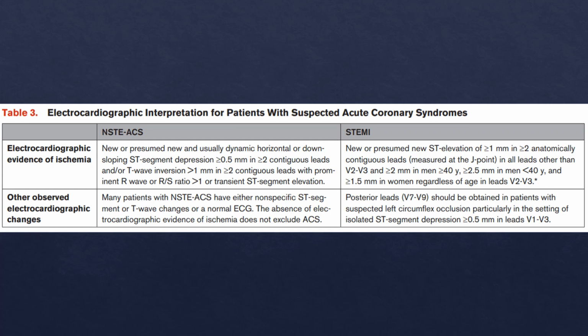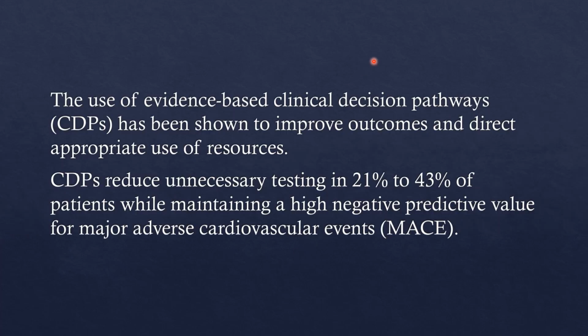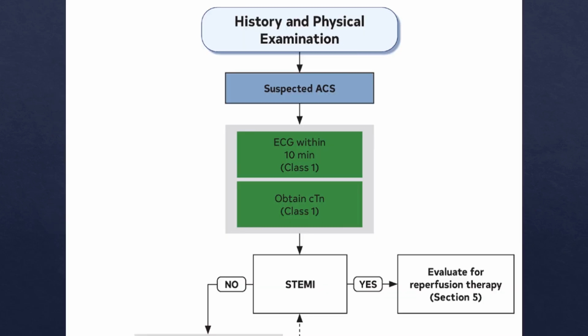The guidelines also advocate the use of clinical decision pathways as in the previous guidelines, and they have been shown to improve the outcomes and direct appropriate use of resources. So in brief, whenever a patient with suspected ACS comes, you do a brief history and physical examination, and if an ACS is suspected, get an ECG done within the first 10 minutes and obtain cardiac troponins.